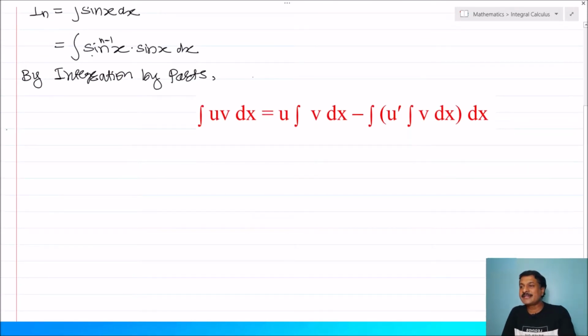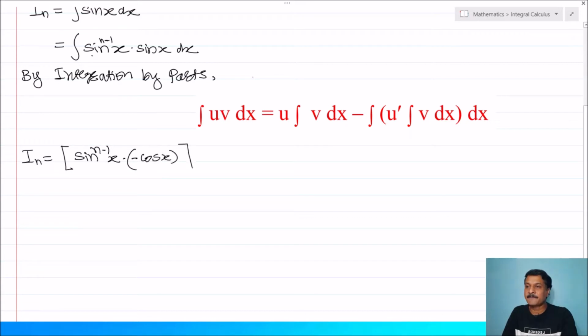So by integration by parts, first is u, constant. So sin x raised to n minus 1 into integration of v, here sin x. What is the integration of sin x? It is minus cos x, minus integration of, in bracket, the derivative of u. What is the derivative of sin x raised to n minus 1?